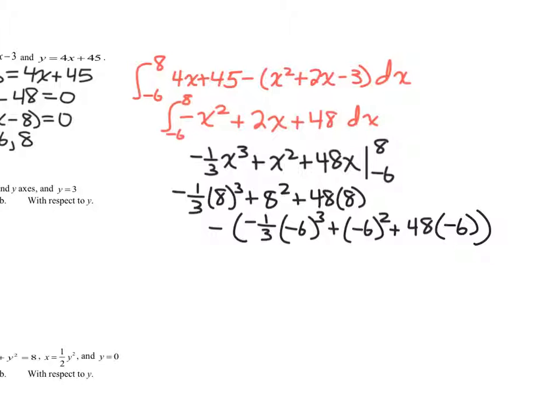Right, so we have negative 512 over 3 plus 64 plus, so we'll double the 48 3 times. So 96 would be the first doubling, then 192, then 384.